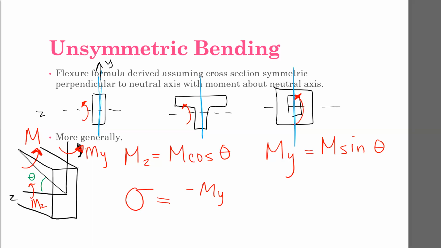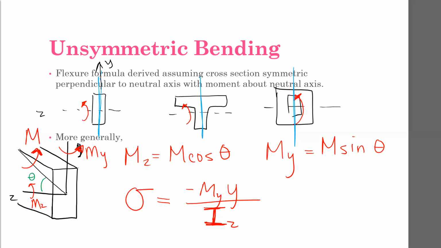So this is the moment about z times y. So that's a subscript y. I want to make sure it's clear. That's a subscript y. That's a dimension y. And then I is about the z-axis. So this is the same equation we used previously, but now I'm adding some subscripts just to make it explicitly clear what axis we're measuring from and about.